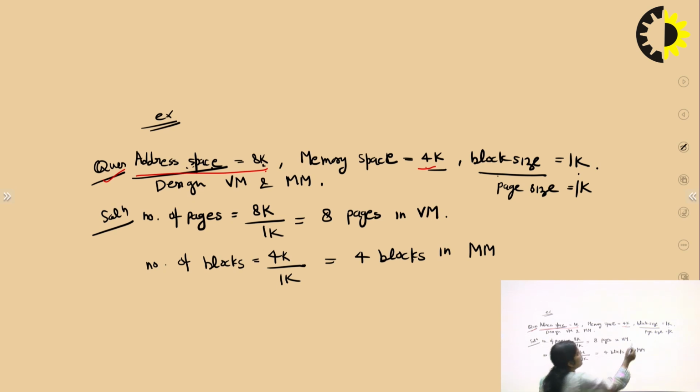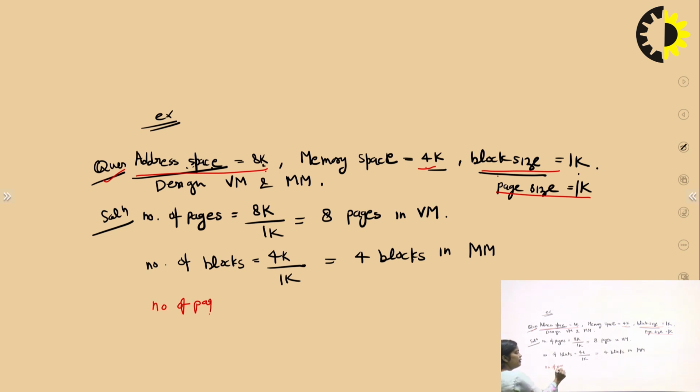Here you can see that in this question the page size is not given. In the fixed memory mapping technique, block size and page size will always be the same. So the page size is again 1K, 1 kilobyte.